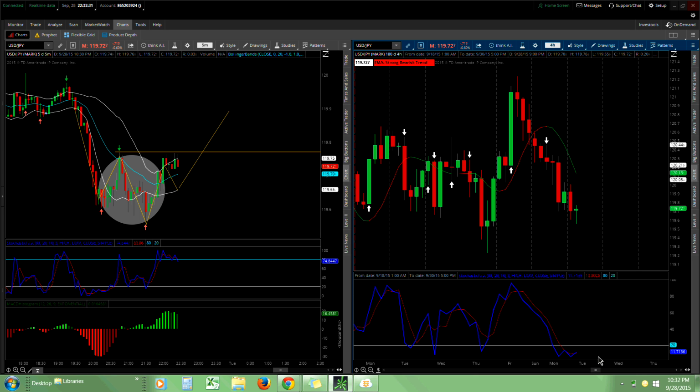From these two areas here, I think that's the point where it's not going to go any lower, and it will start to kick up to the upside over here. So that's my whole look on the forex end of things. Okay, with that said, I'm going to go back to 15 and see what I see here.